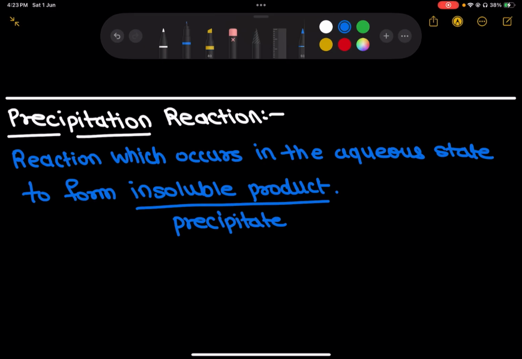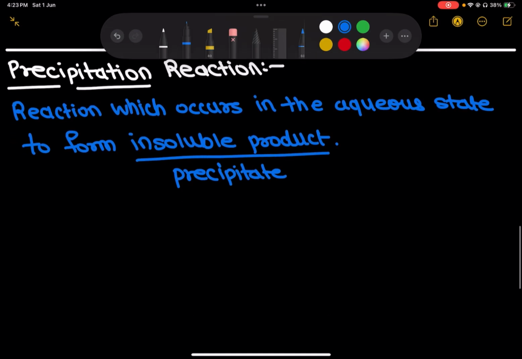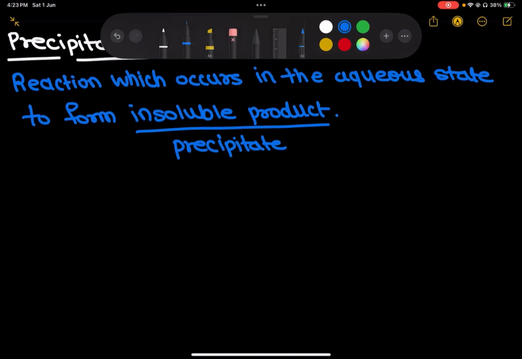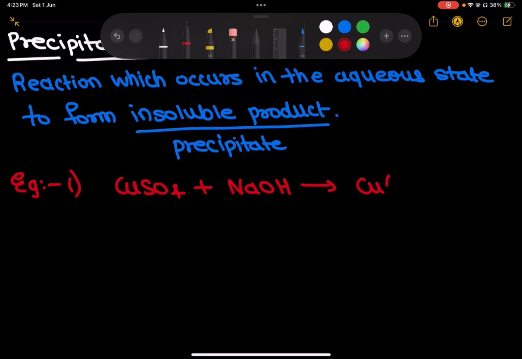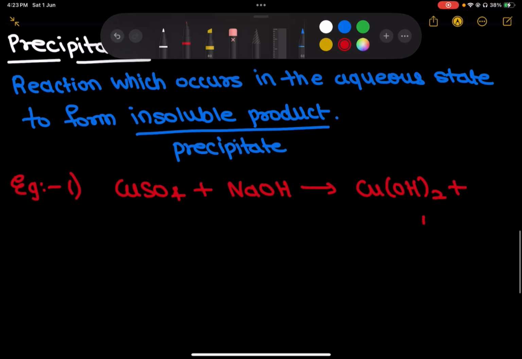Most of the double displacement reactions are precipitation reactions because a precipitate is formed. I'll give you two examples here quickly. Both of these you have not seen before, so they are new. The first one: CuSO4 plus NaOH gives copper hydroxide plus Na2SO4.